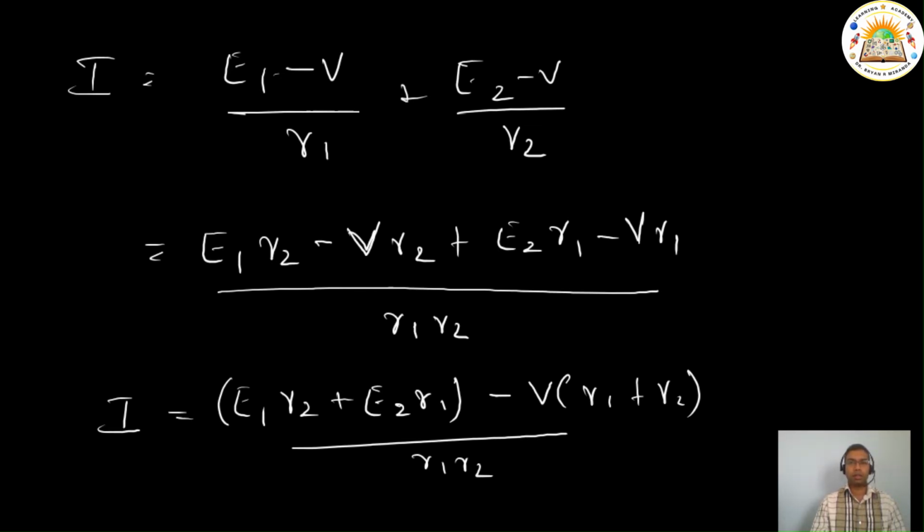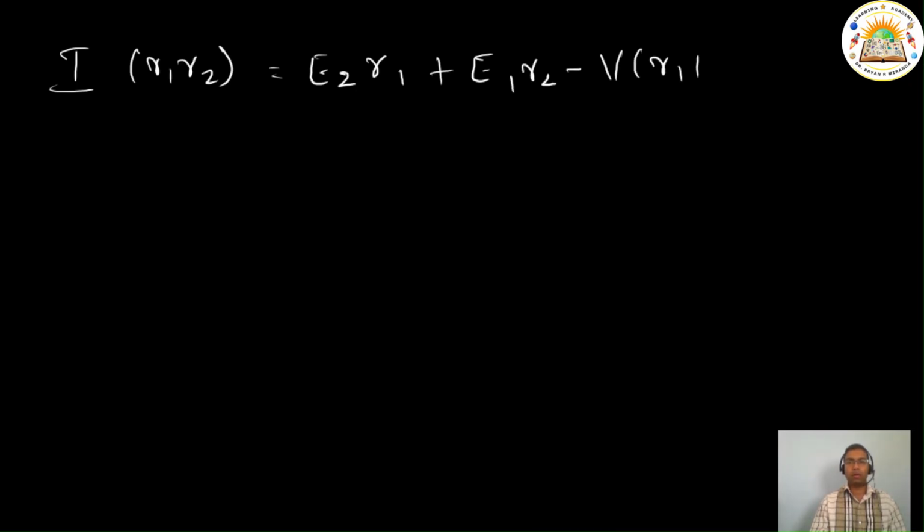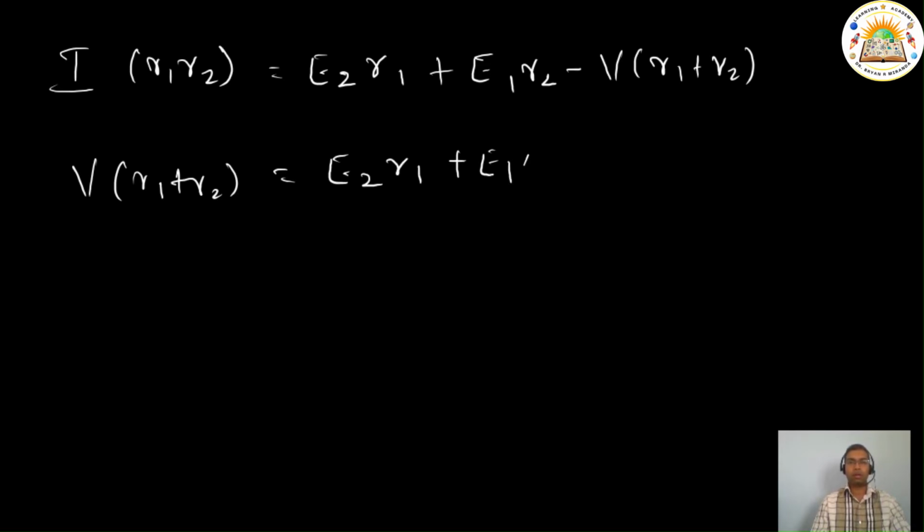So I will get I times R1 R2 is equal to E2 R1 plus E1 R2 minus V of (R1 plus R2), or V of (R1 plus R2) is equal to E2 R1 plus E1 R2 minus I R1 R2.